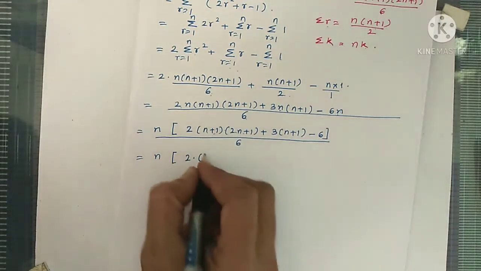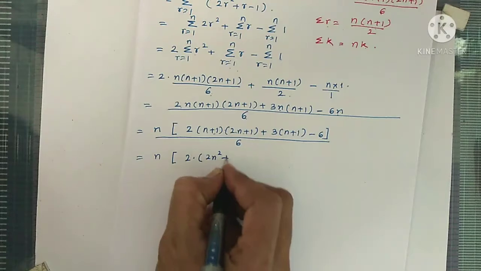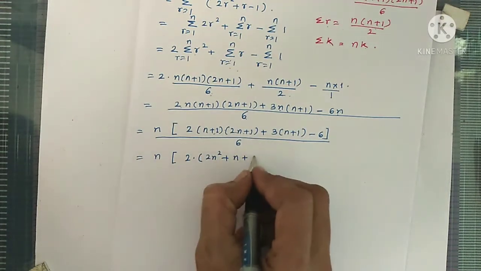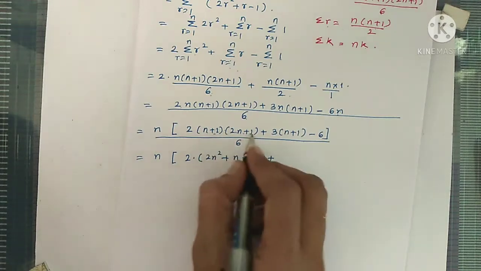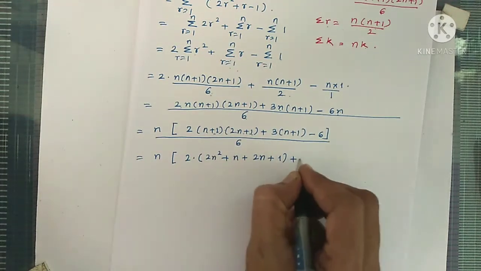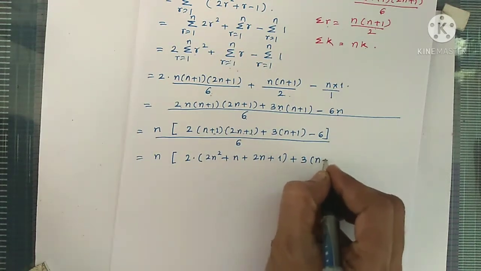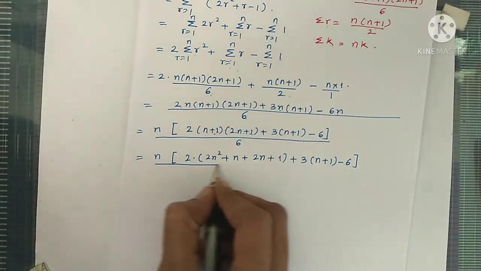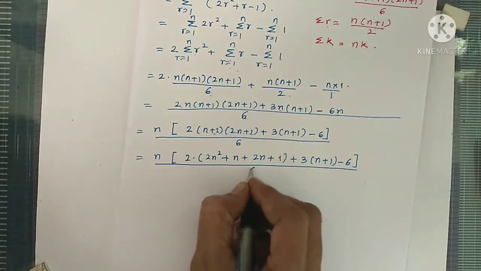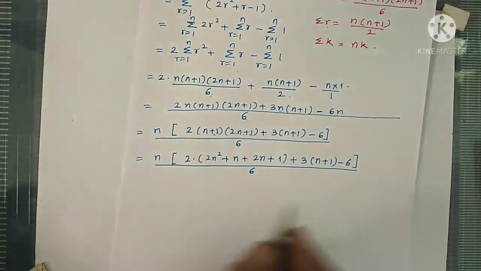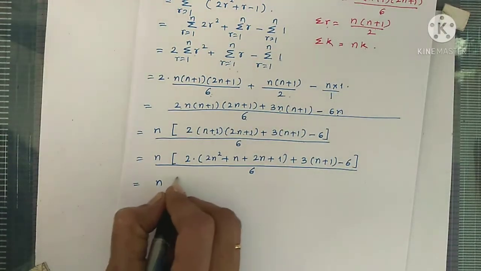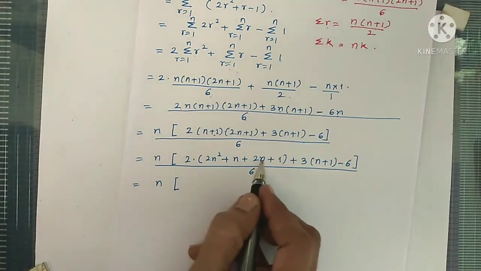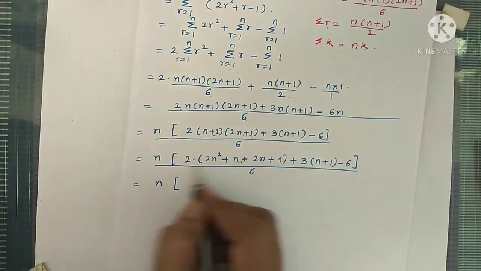So this is 2n square plus n into 1 is n plus 1 into 2n, that is 2n. 1 into 1 is 1, plus 3 into (n plus 1), let's write as it is and simplify in the next step, divided by 6. So this is n. Now let's multiply all these terms by 2.